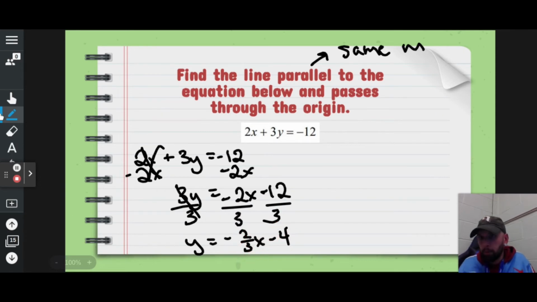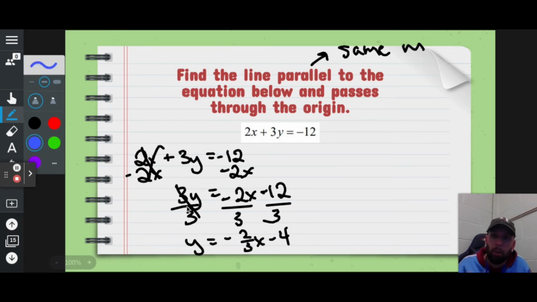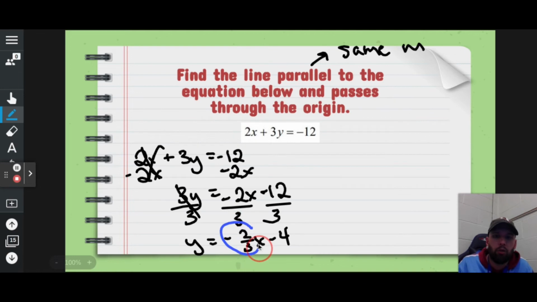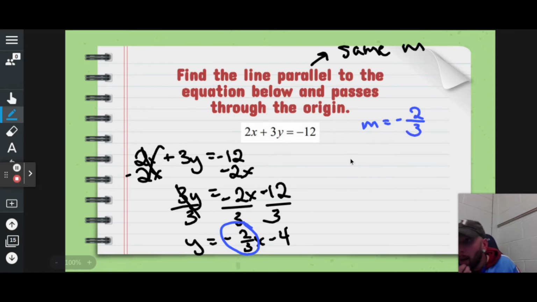Why is this important? Well, I need the same slope as that guy. What's the slope of that guy? Negative 2/3. So the slope I care about is negative 2/3. Now I needed to go through the origin, so I can do point slope form, or I could just use common sense.